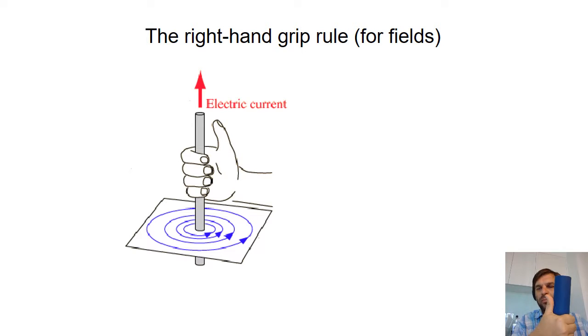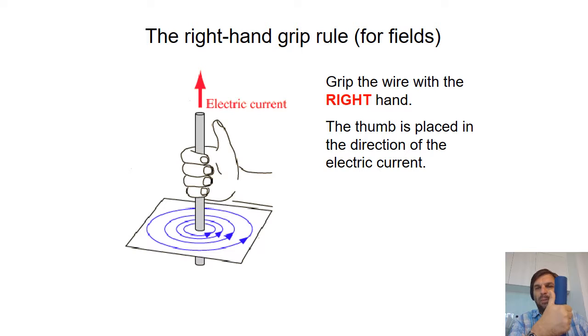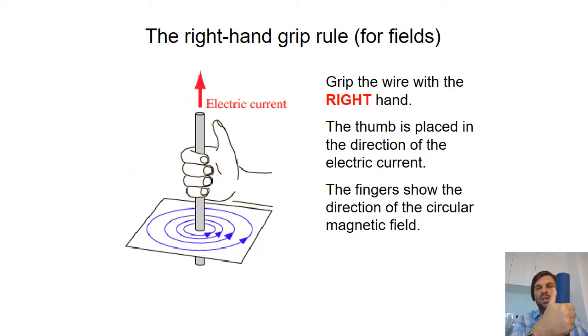The thumb is placed in the direction of the electrical current, and the fingers show the direction of the magnetic field. So they're going around in this direction, anti-clockwise in this particular case. That's how we use the right-hand grip rule for fields.